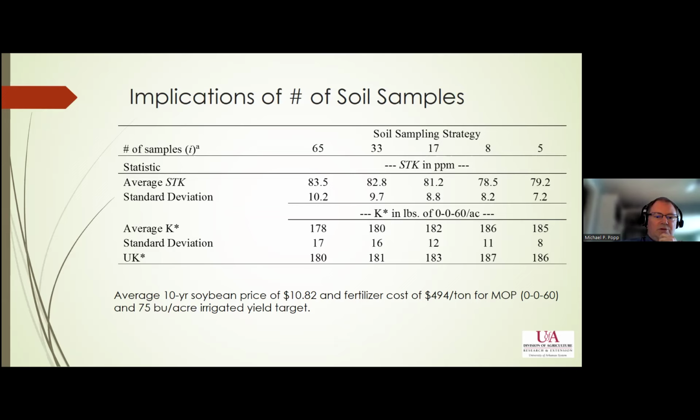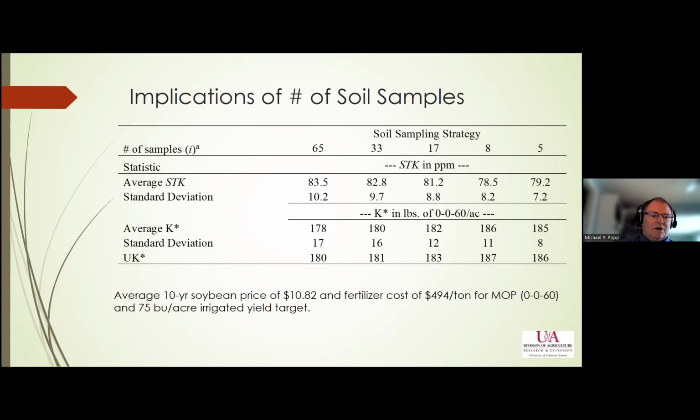But for the uniform rate, we're putting on a higher rate than we do for the K-star rate. So what we expect with VRT then in this particular case is that we would have some fertilizer cost savings. And then we have to still think about, well, what's the impact on yield and what's the impact on profitability?